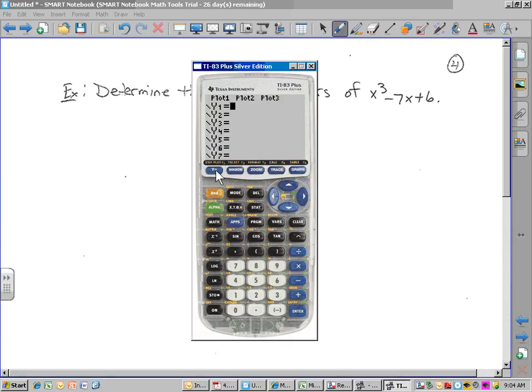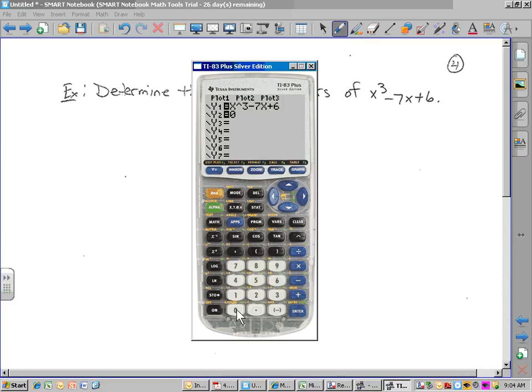So let's go ahead and graph this. X to the third minus 7x plus 6. I'm also going to set y2 equal to 0. Okay, the reason why I'm setting y2 equal to 0 is because there's a very easy way to find x-intercepts with a graphing calculator. Okay, and that's using what's called the intersection function.